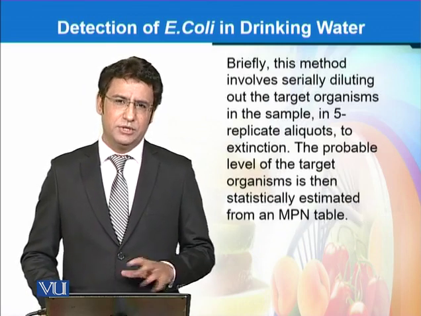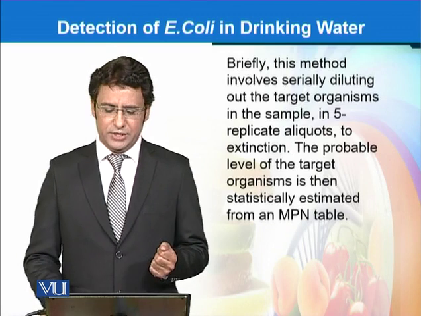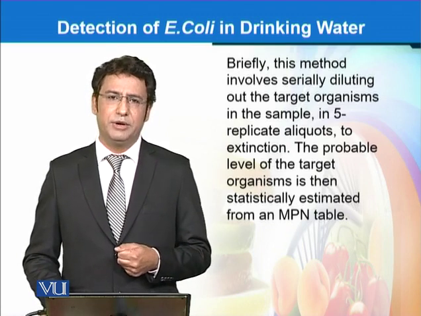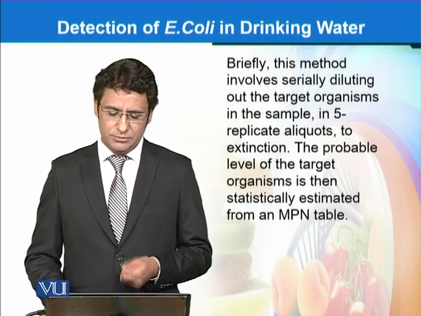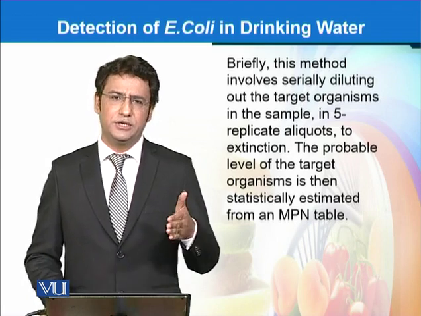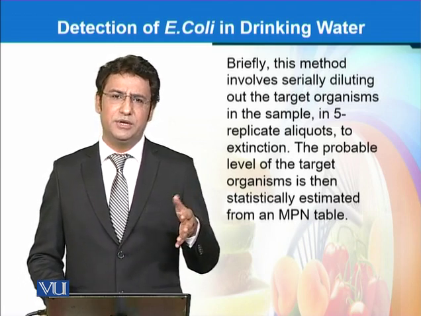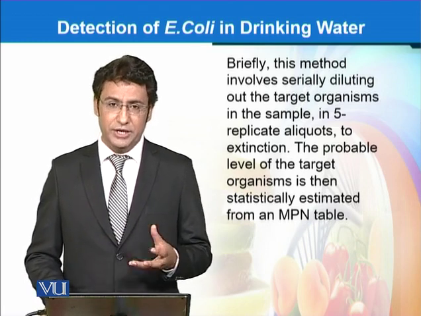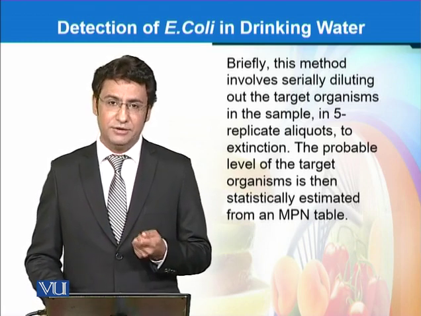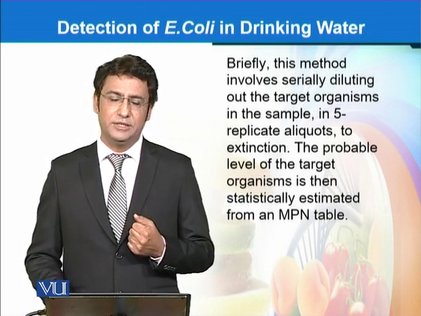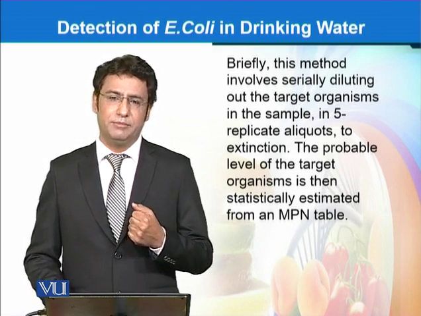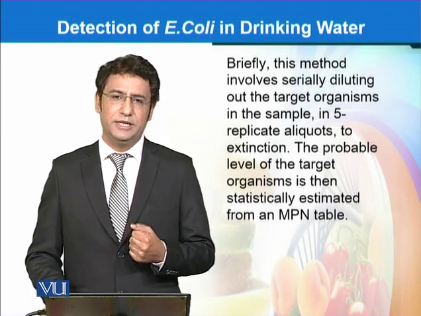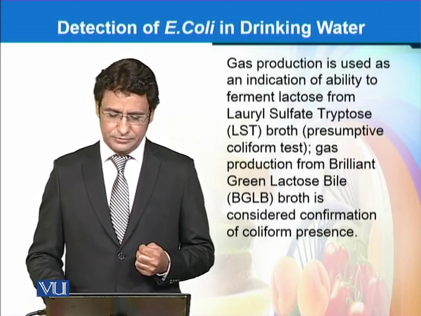If we talk about this method, as we earlier discussed, we normally take 5 replicate aliquot samples to extinction, by which I mean that we keep on diluting these tubes to a level where we don't find any pathogen, and from that we get these MPN numbers, and they give us the end results.